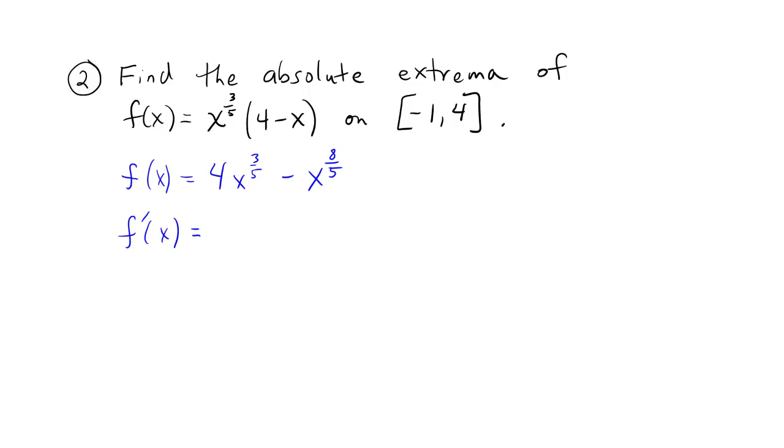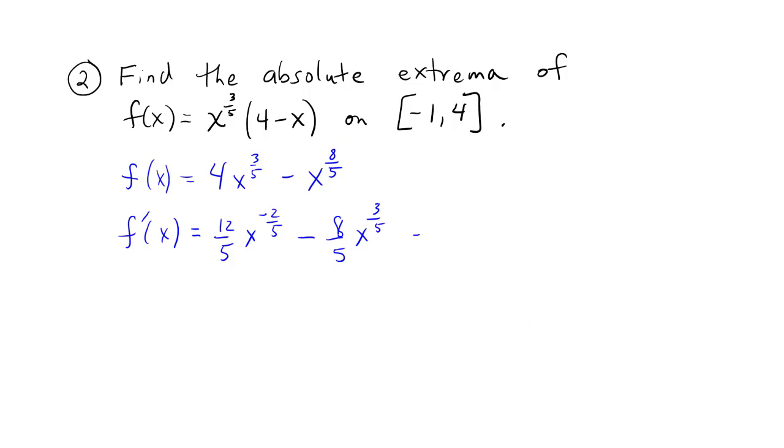All right, so when I take the derivative, this one's going to be a little messy. So what do we get? We're going to get 12/5 x to the minus 2/5 minus 8/5 x to the 3/5. Okay, that's an 8 there.